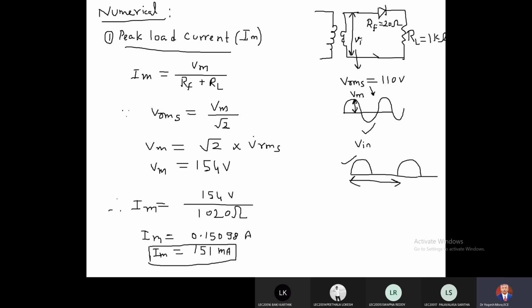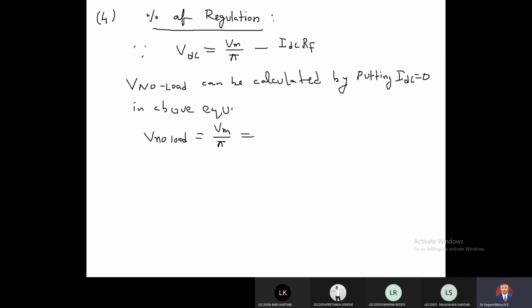So VM, already we have calculated VM earlier. What is VM? We have calculated, yes, 154. So it is 154 volt divided by pi.